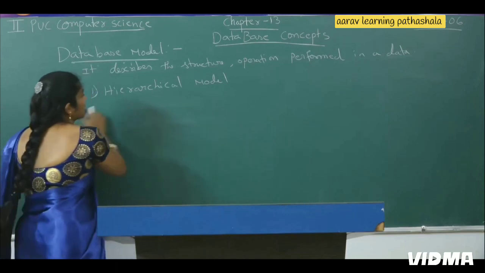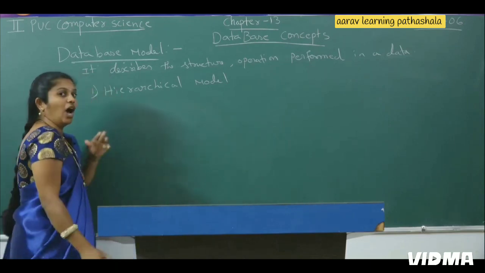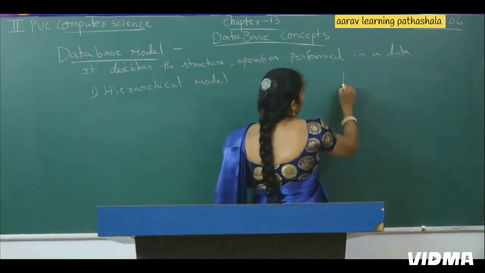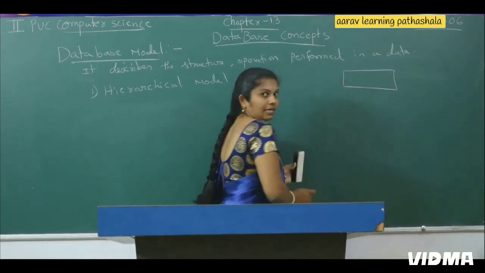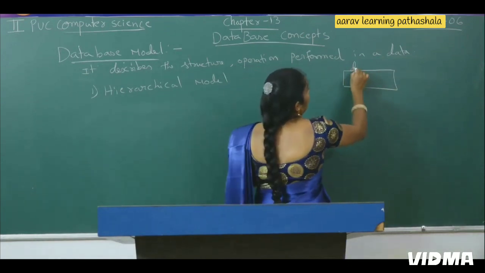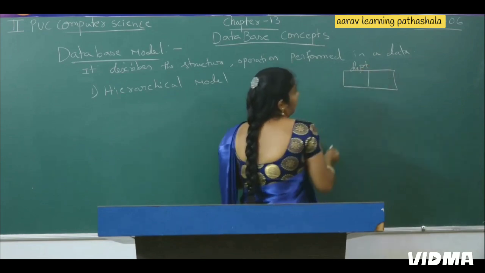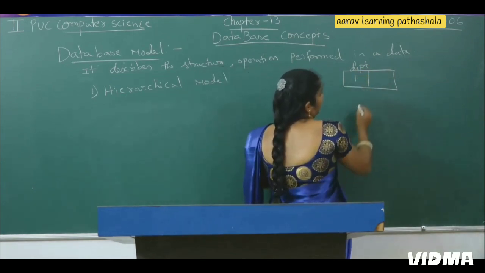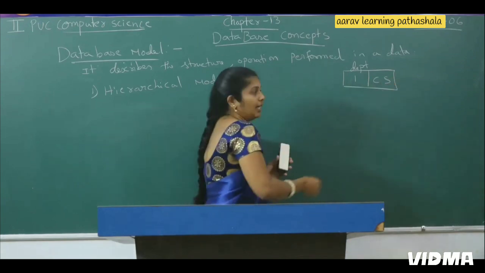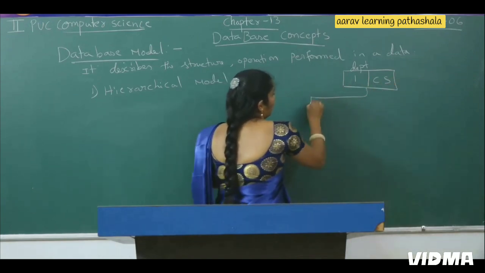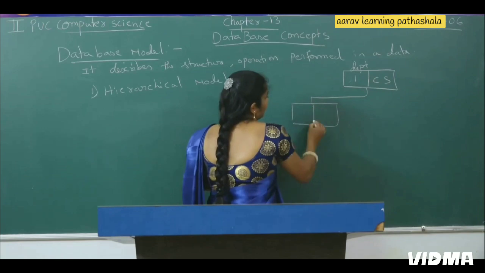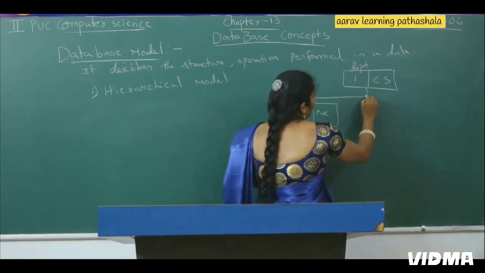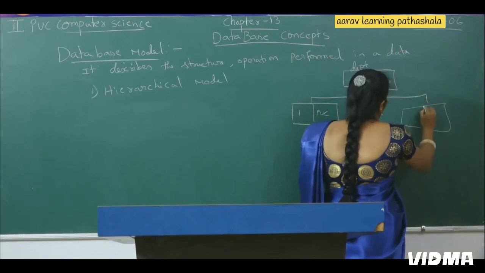What do you mean by this hierarchical model? How exactly will it look? For example, we are going to draw one diagram here. For example, here I am taking it as department. On that department, I am taking the values. One is department number 1, that is CS. In this, we have first PUC, and one more we have second PUC.